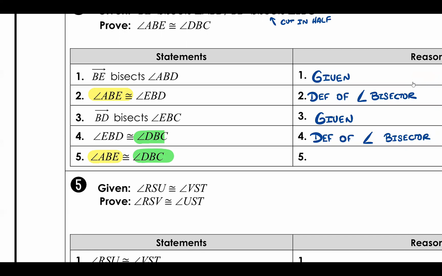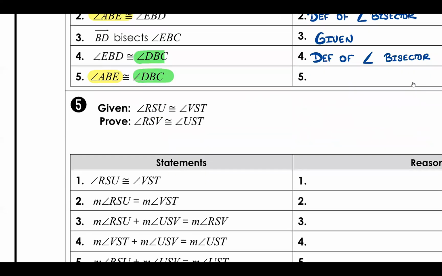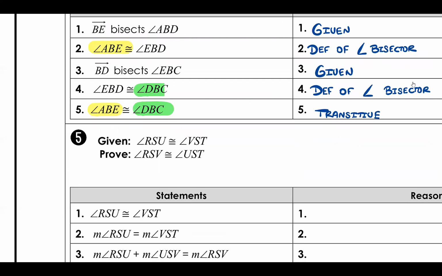What property allows us to do that? Transitive. Good. Why not substitution? So we've shown that they're both congruent to EBD, right?